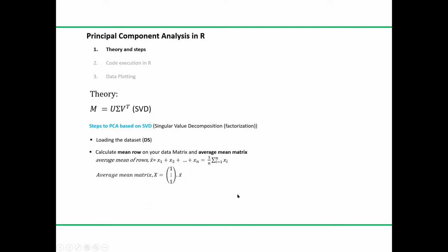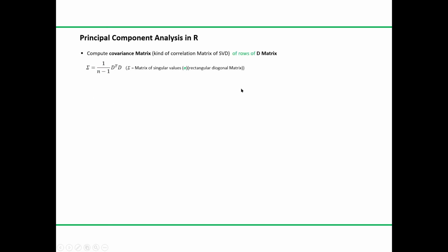Okay, the next step is to subtract your mean. To have your new data set, you have to subtract your average mean from the average matrix. In the next step, you have to find the covariance matrix of your newly generated data matrix. I denoted it as D, so you have to compute the covariance matrix.